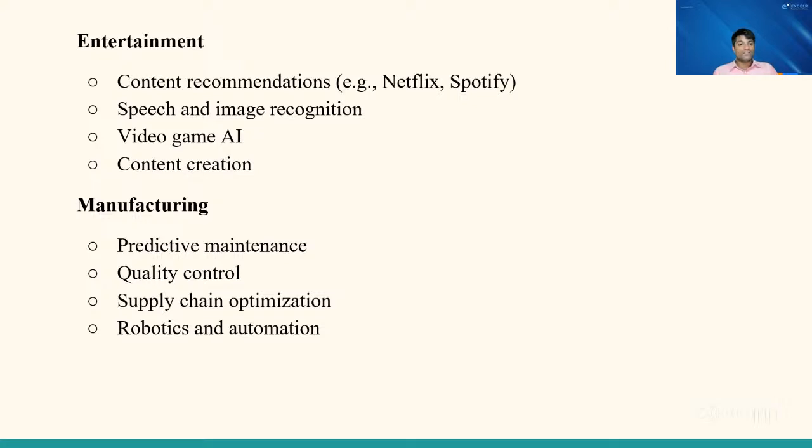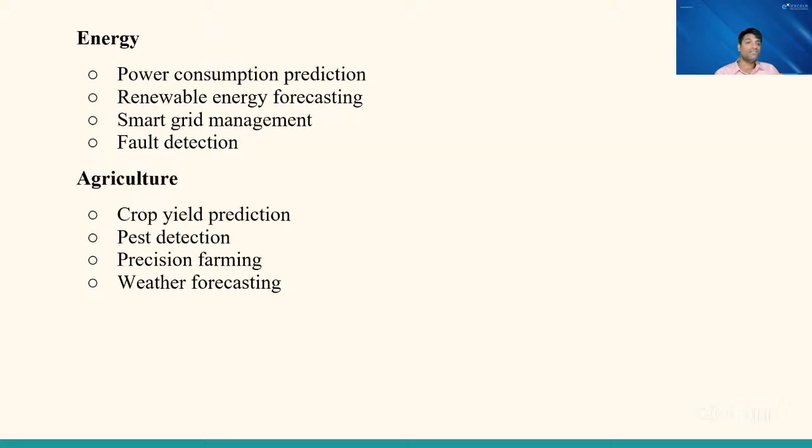So the manufacturing field, where you can see it in the supply chain, robotics, and quality control. So in energy, we have fault detections, energy consumption, and so on. So agriculture, where you can predict crop yield, then pest detection and weather forecasting and all those things.